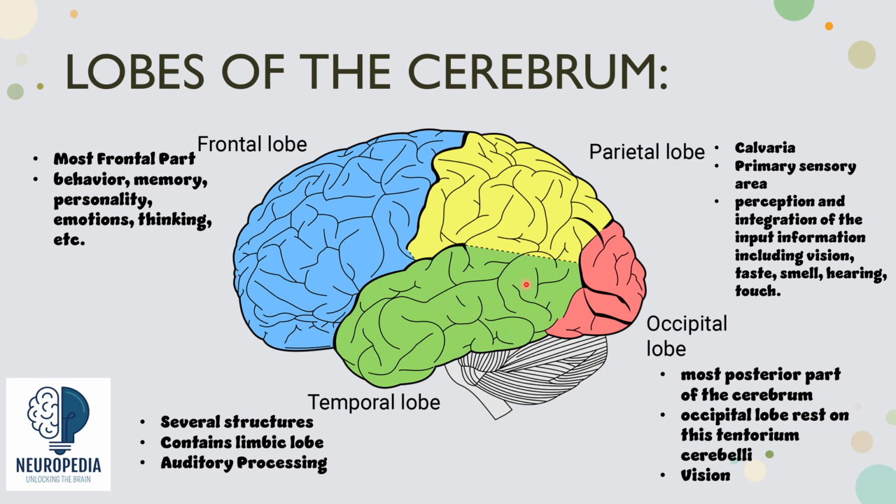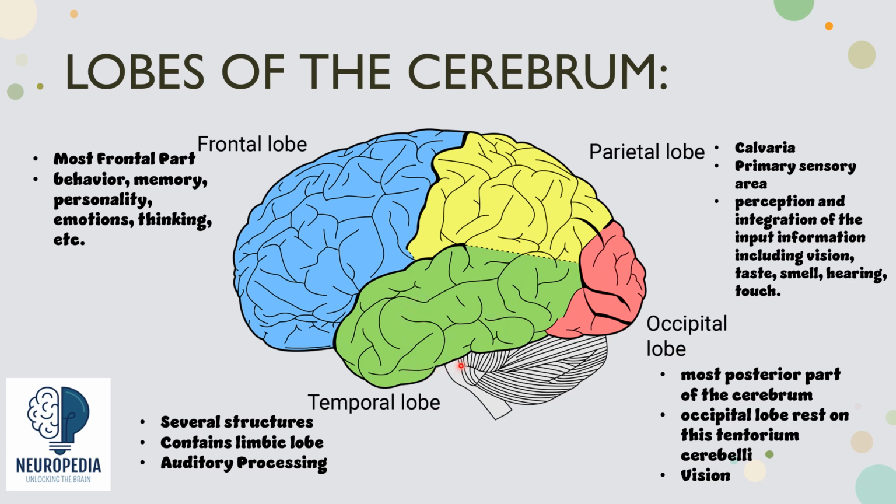Temporal lobe. Here, the part of the brain that is green in color is the temporal lobe. It is located below the temporal bone of the calvaria and separated by the lateral sulcus inferiorly from the frontal and parietal lobes. The temporal lobe is not only one structure, but it has several structures that work together.